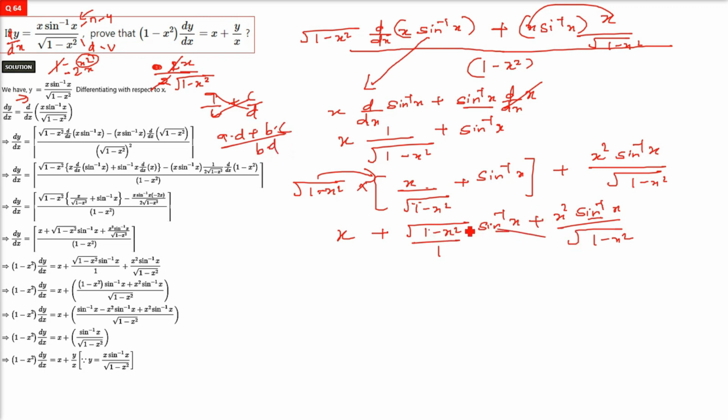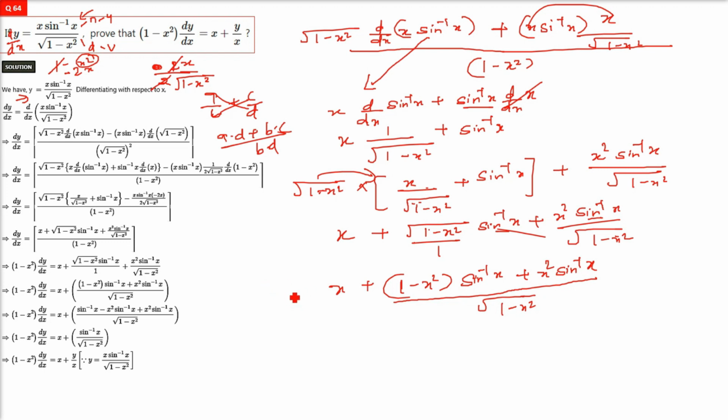So let us multiply this. Under root will get cancelled. So x plus 1 minus x square sine inverse x will remain here. Now multiply these two. 1 into x square sine inverse x. So it will be x square sine inverse x. And in the denominator, we are going to get under root 1 minus x square. This is okay.